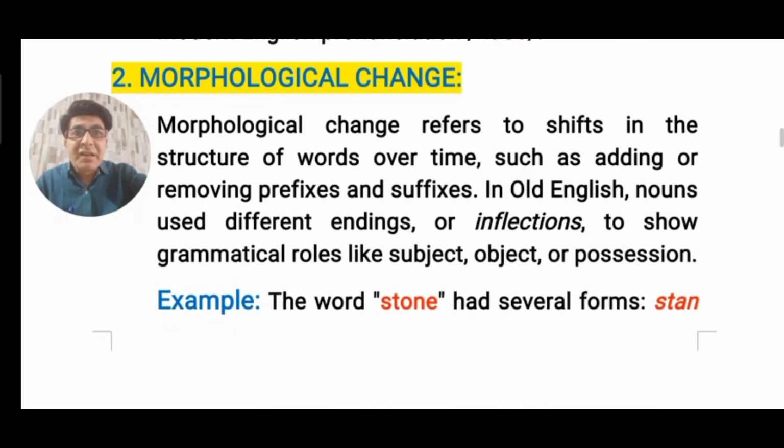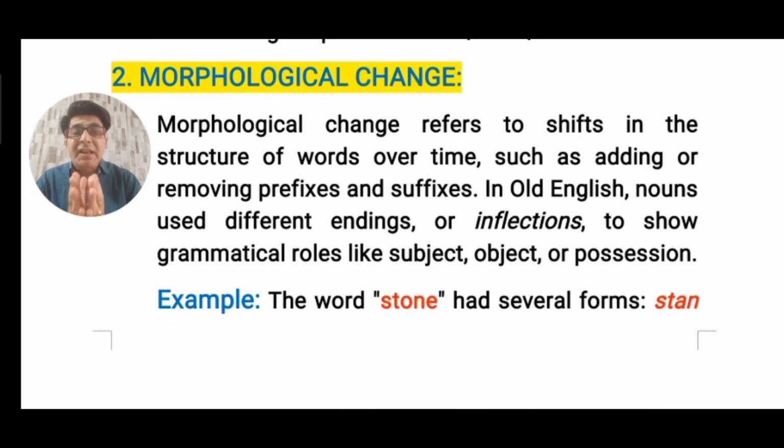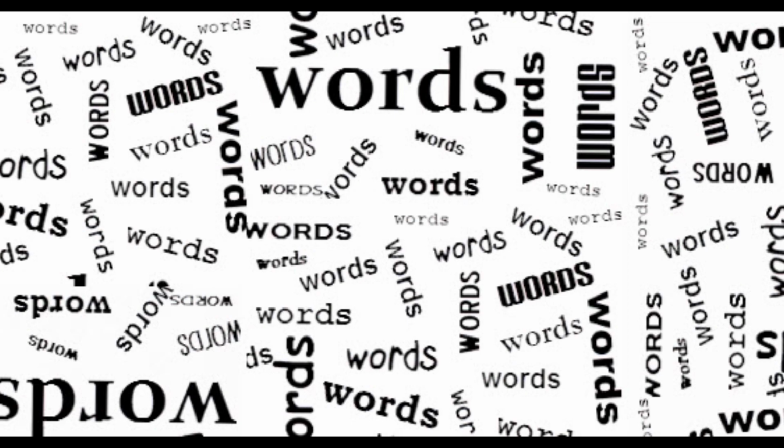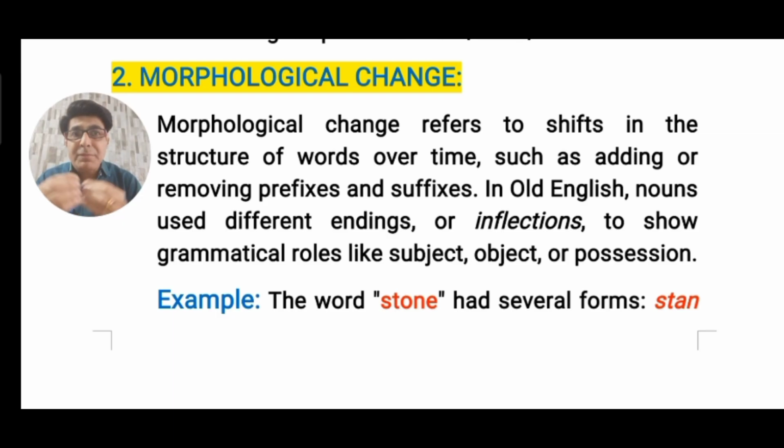The second change, which is most important, is morphological change. Now, morphological change means the change that you see in the structure of the words. Okay, sometimes some prefixes and some suffixes which were used in olden days, now they are used in a different manner.